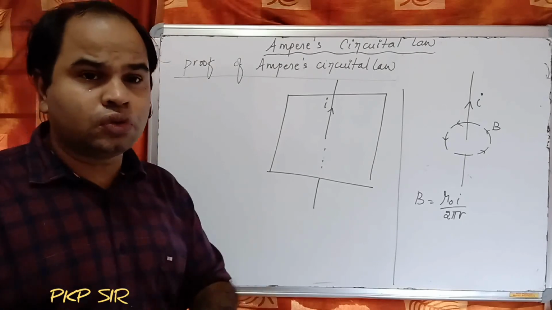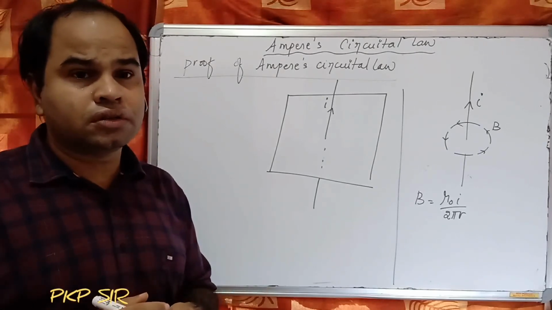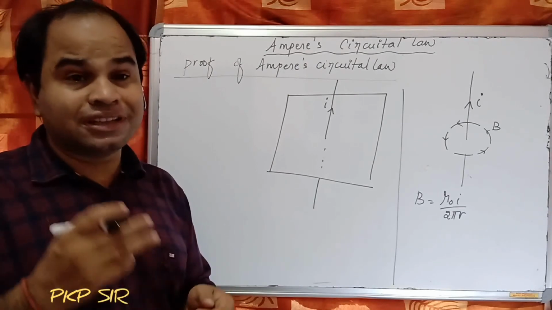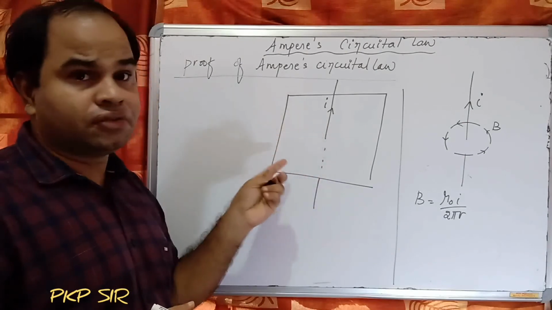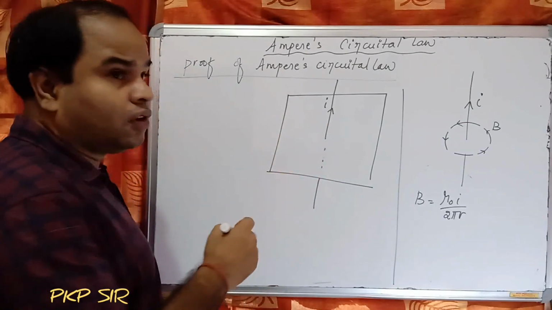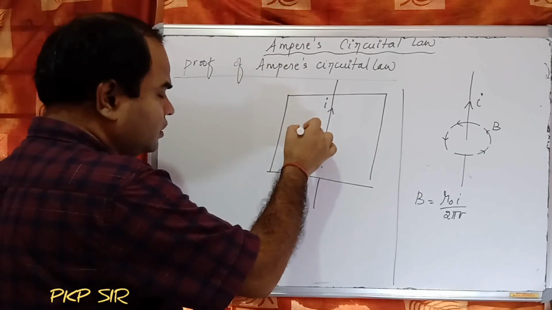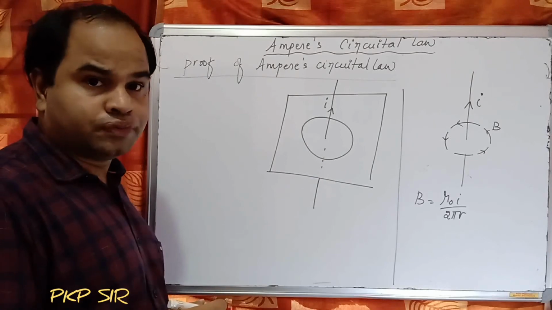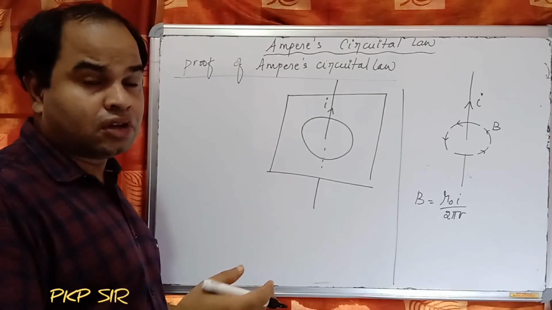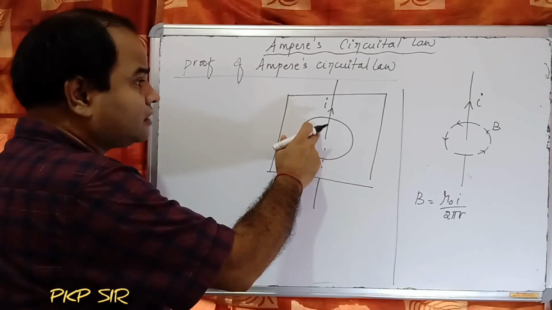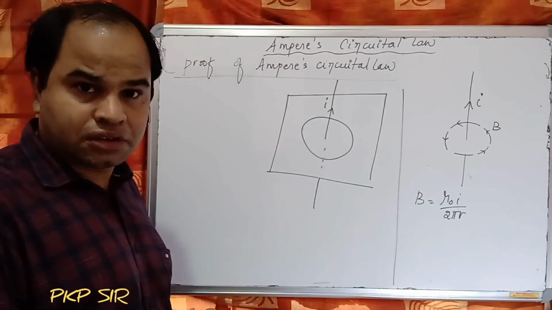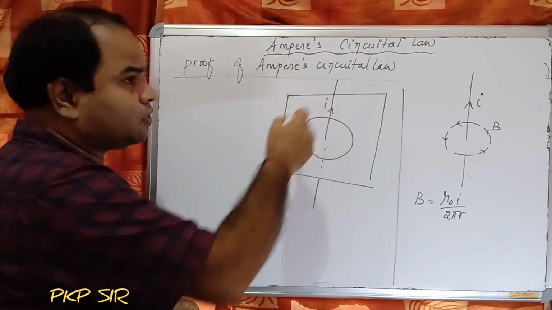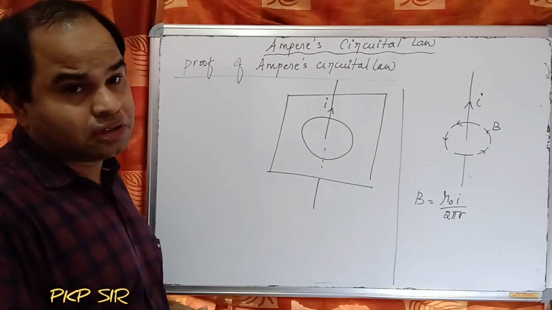We will take a closed line in the form of a circle of radius r around this infinite conductor, encircling the current carrying conductor. The closed line is circular and the magnetic field produced by the straight conductor is also circular.